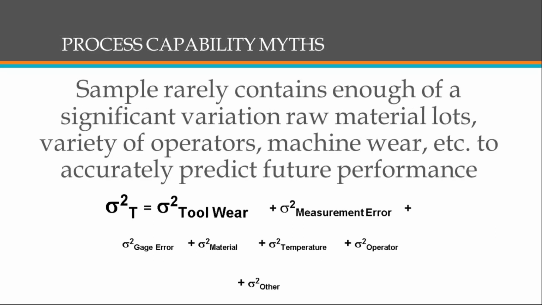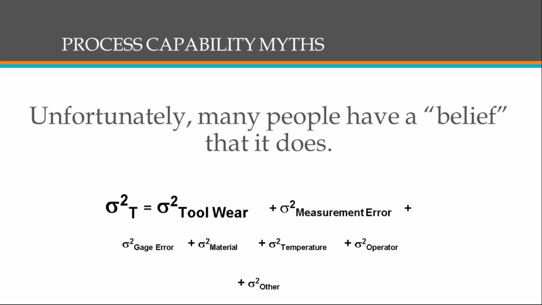The sample rarely contains enough of significant variation in raw material lots, variety of operators, machine wear, gauge wear, all those types of things to accurately predict future performance. So it does a pretty good job of telling you what the performance is, but has very little value in predicting future performance. And that's one of the problems that people utilizing capability indices run into. They actually believe that it does.